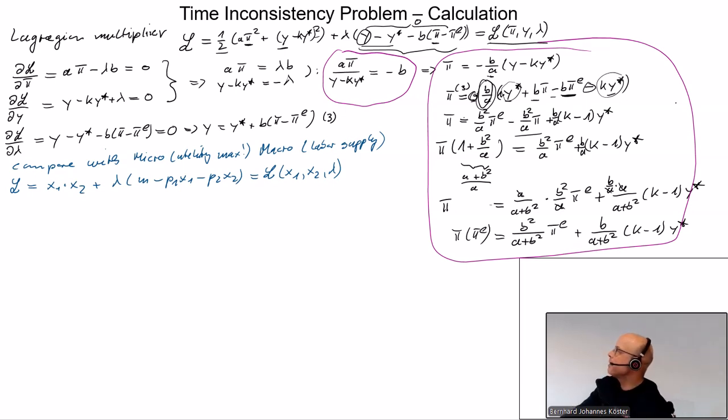What you can obtain in general via this Lagrangian method is that quite often there is no analytical solution of optimization problems. But you know that there exists a solution, although you cannot calculate it.